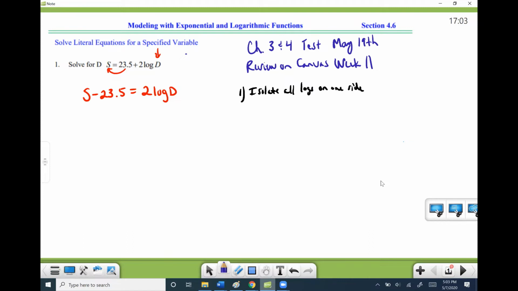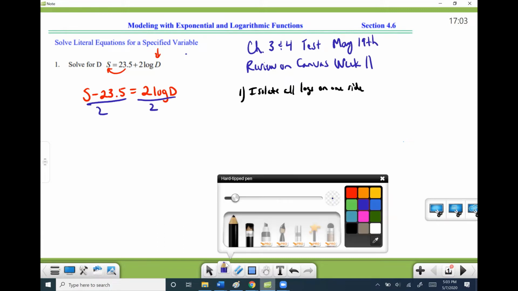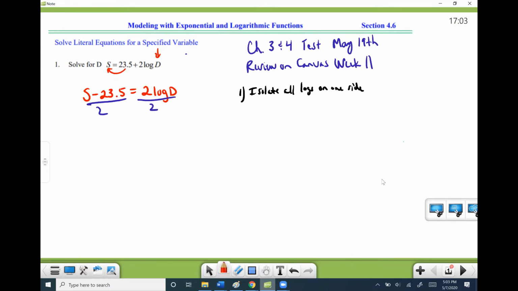I think if we actually divide, it starts to isolate the D a little bit quicker, but yeah, that is the power property, yeah. Okay, so we got S minus 23.5 over 2 equals log of D.